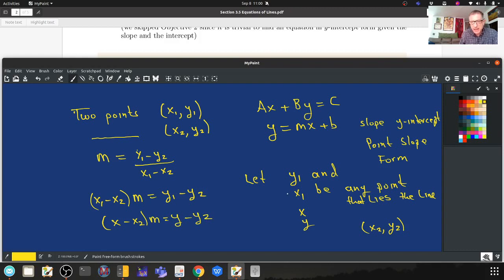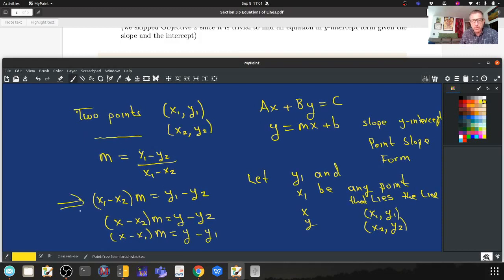And because I've let x1 and y1 be any point, why bother with the x2 and the y2? Let's just relabel them again as x1 and y1, and I get x minus x1 times m is equal to y minus y1. So all I did is relabel. Literally all I did is I relabeled x1 as x, y1 as y, x2 as x1, y2 as y1. Nothing has changed from this particular form, just relabeled.